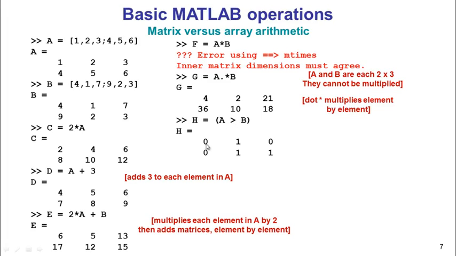Every time an element of A is not greater than the element of B, for instance 1 is not greater than 4, you get a 0, 0 meaning false in this case. But when an element of A is greater than the corresponding element of B, for instance 5 is greater than 2, then you get a 1 here. So greater than, less than, etc. will compare the two arrays on an element by element basis. So these are some of the differences between matrix arithmetic and array arithmetic in MATLAB.